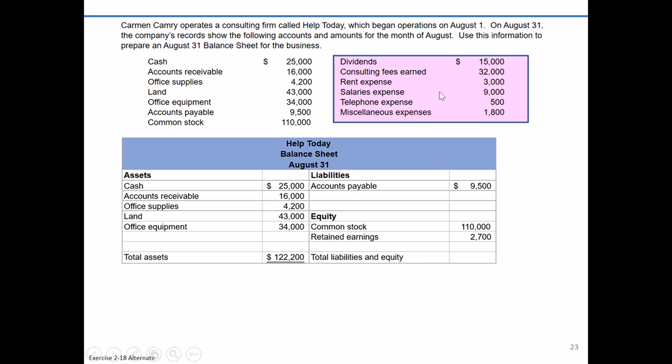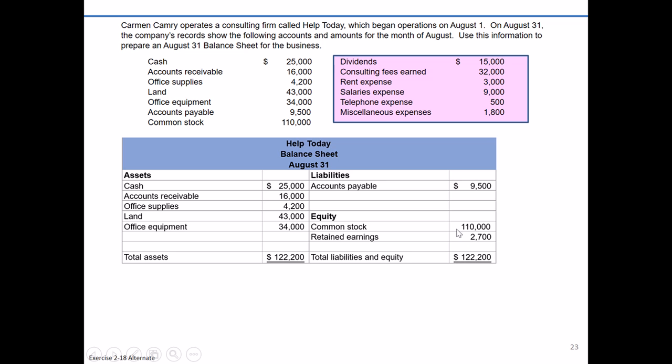And I remind you that that included revenues minus expenses minus any dividends or distributions. Now, I would have also had to factor in the beginning balance of retained earnings, but it just happened to be zero in this scenario. When we take all of those into account, and we'll summarize them next, that's retained earnings of $2,700 that came from our statement of retained earnings.